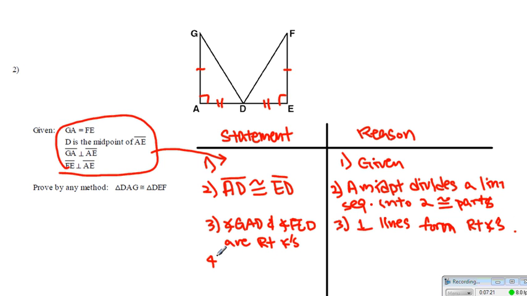Now, statement number four. Because they're right angles, we get to realize that they are also congruent to each other. GAD must be congruent to angle FED. Number four, because all right angles are congruent.